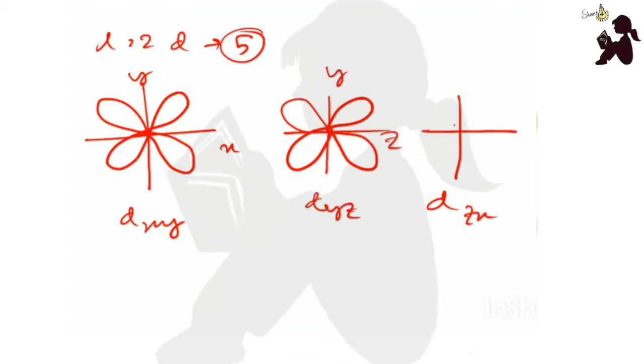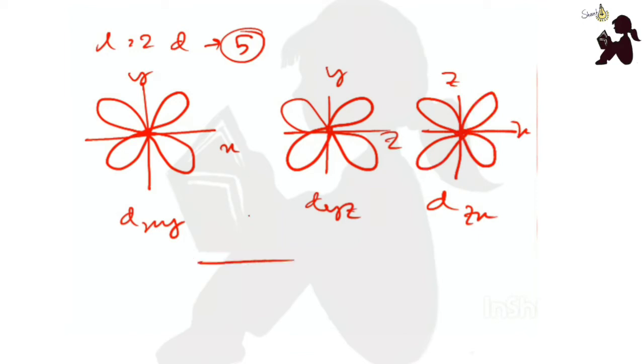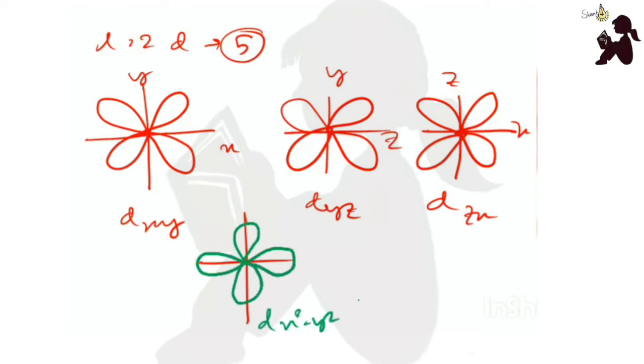It comes like this. Fifth is dx square minus y square. It goes through the axes. And last and most important, dz square.